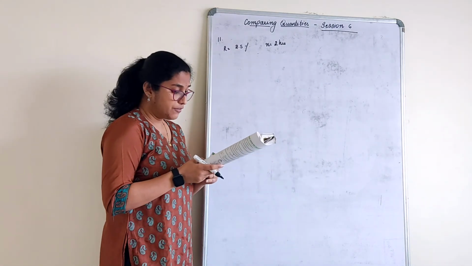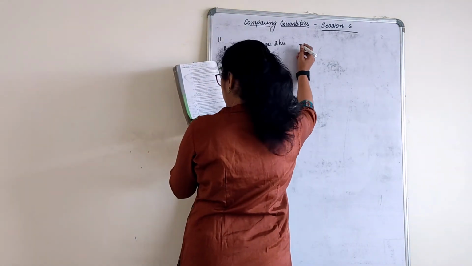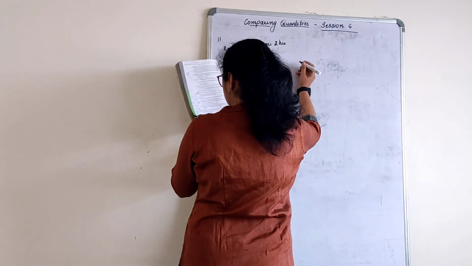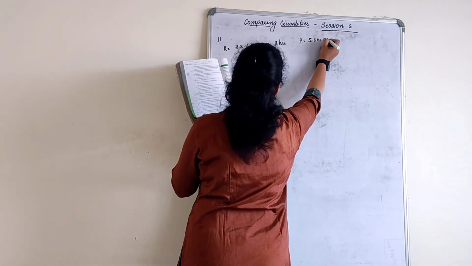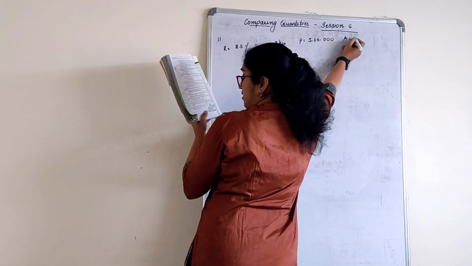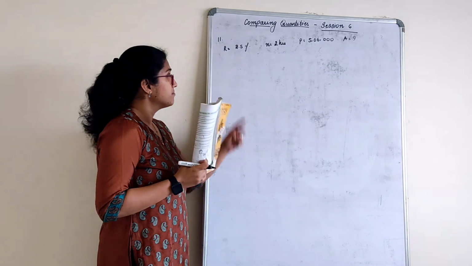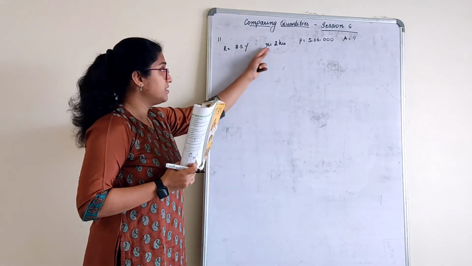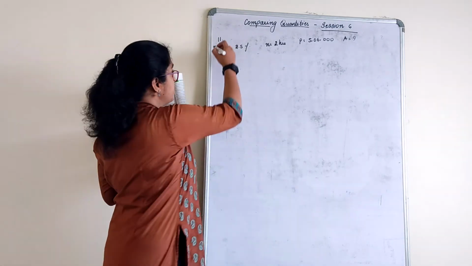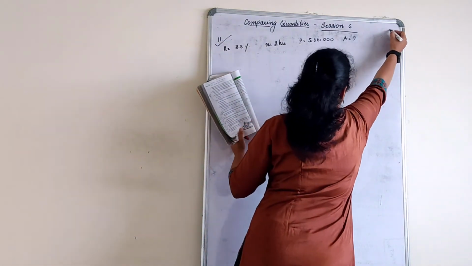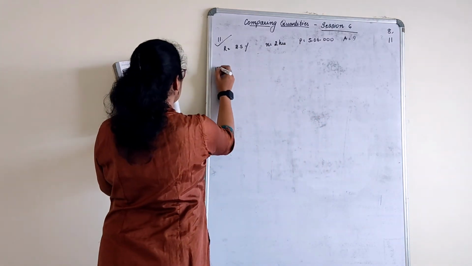If the count was initially 5,06,000, what do you have to find? We have to find the increase in bacteria. Simple, rate of interest is given, time is given, principal is given, find the amount. 8th one I had marked, along with the 8th one, the 11th one is also homework.